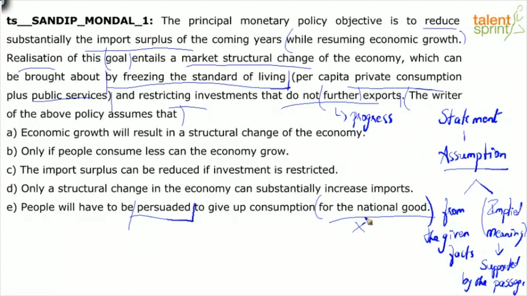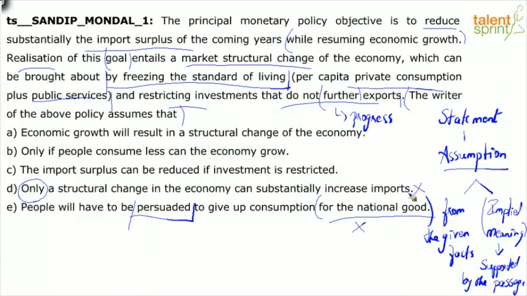Okay. D. Only a structural change in the economy can substantially increase imports. This word only is making me pause and stop, because there are other factors that are involved as well. So I will safely eliminate option D as well.